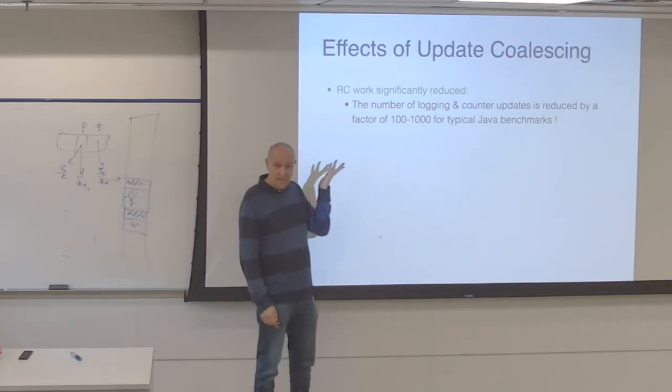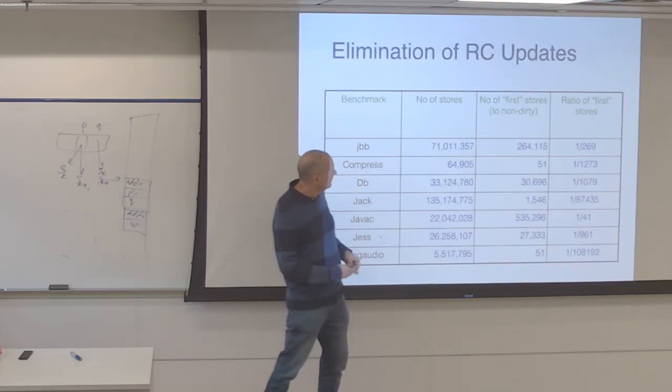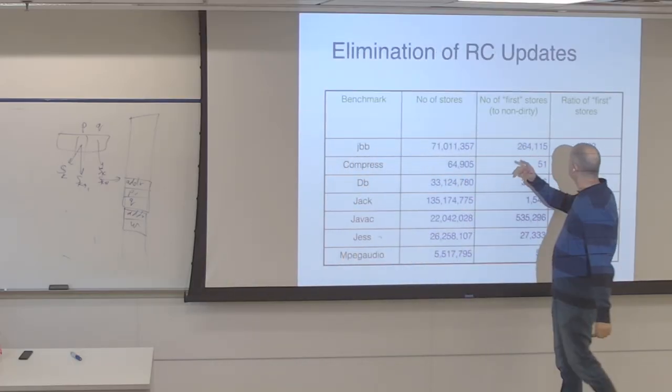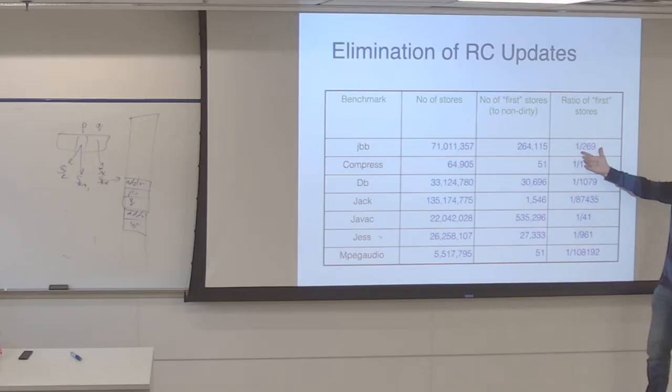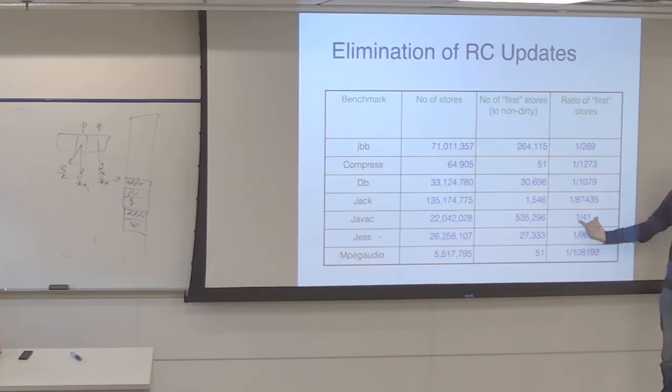And what is the effect of this? If you look at it, the fraction of stores that actually have to log the value because it is not dirty is very small. The highest is for Java C with 1/40, but you have some things that are really small.